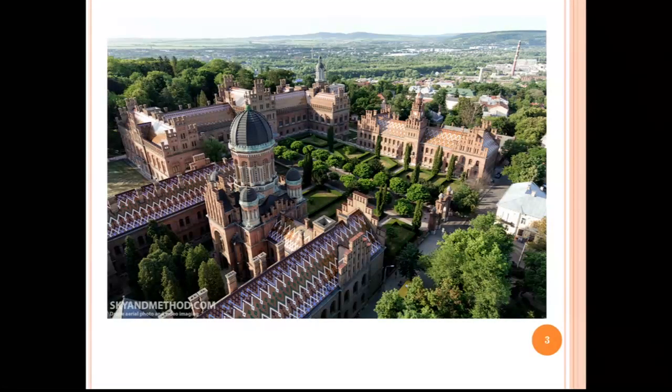So a few pictures of our Chernihiv National University main building. Someone saw it before. Someone, I hope, will see it in the near future. So it's our main building. Rector and vice rector are here now, I hope. This is another view of the university.